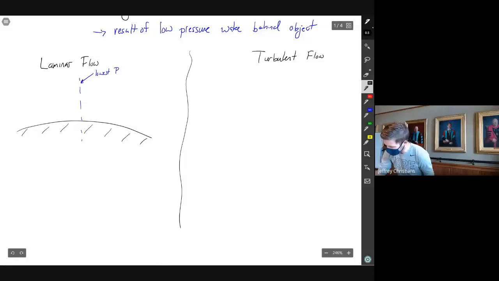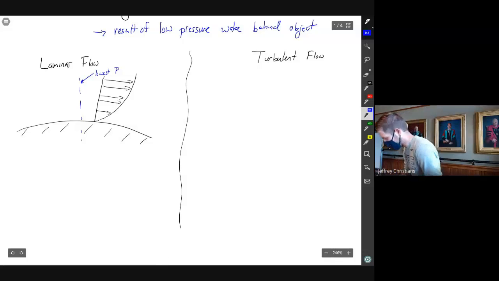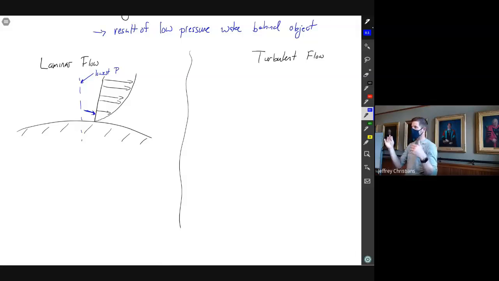So what happens if you have the fluid at this point here, this boundary layer, what's happening is you have low pressure behind it because we're all of a sudden flowing into higher pressure because the channel is diverging, our fluid is slowing down, so pressure is going up.